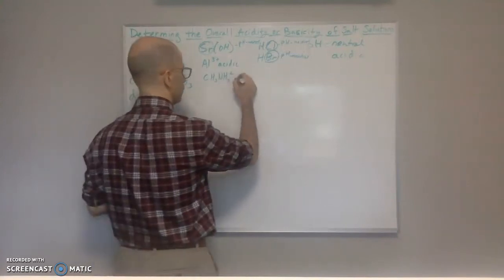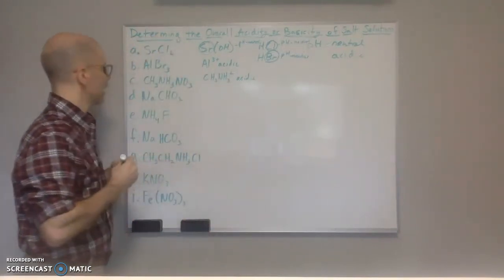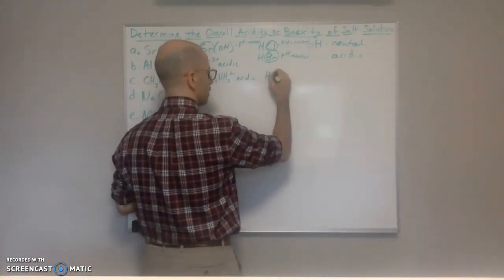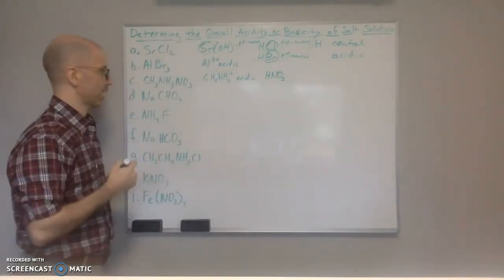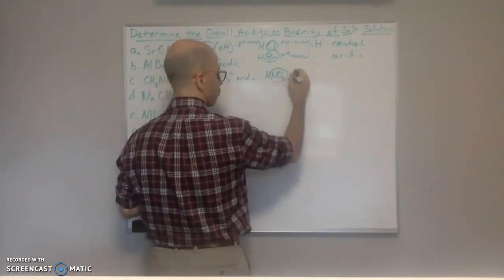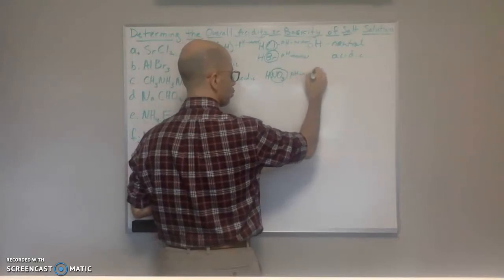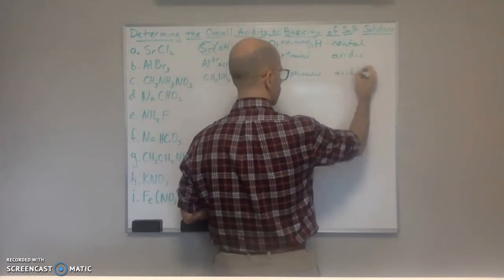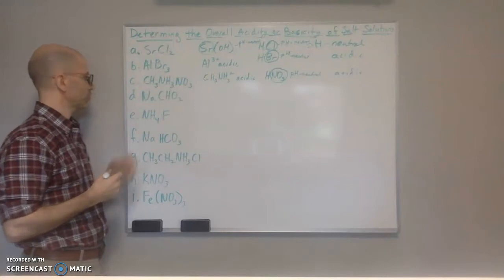So we would expect this to be acidic in solution. And NO3 comes from the strong acid, HNO3, nitric acid. And we would say that, therefore, the NO3, the nitrate, is going to be pH neutral. So that salt would be acidic in solution.